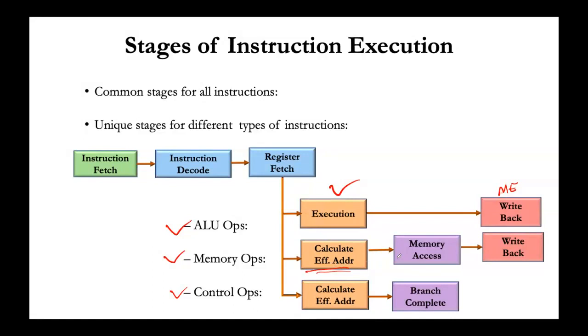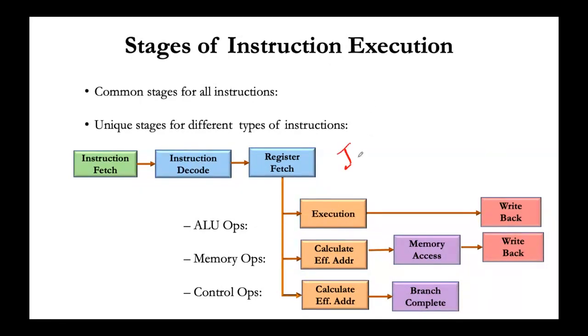From the effective address, it identifies in which memory the operand is there. So that memory access will be done. The operand will be accessed, and the execution will be done, and the result goes back and is stored in the associated memory. Similarly, in control operations also, it will calculate the effective address, and then it finds whether the branch is executed completely or not. So these are 5 stages.